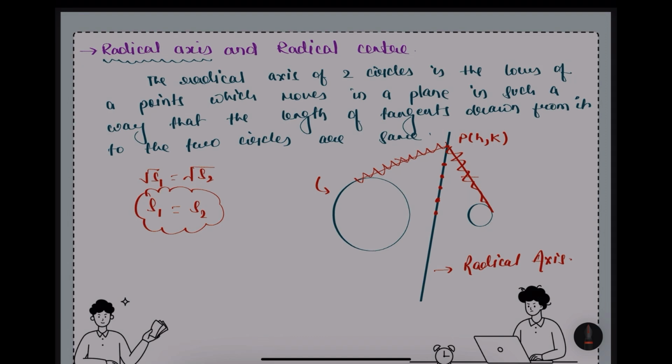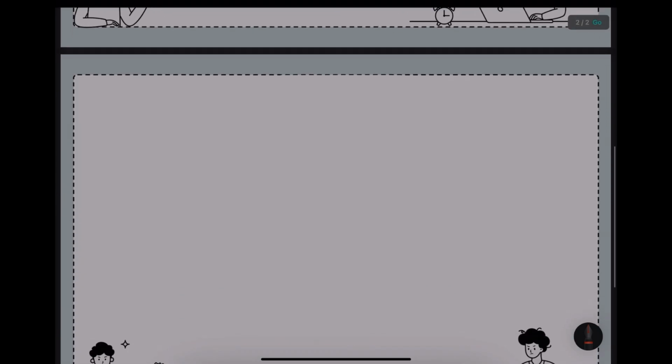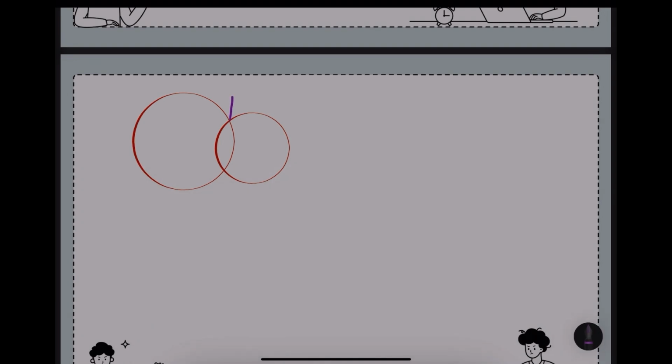There are also some properties related to this radical axis. I'll go through one by one. Suppose that this is first circle, this is second circle. Now look at this. So you know that this is the common chord. So this common chord, if you want to find, you can find by using radical axis.